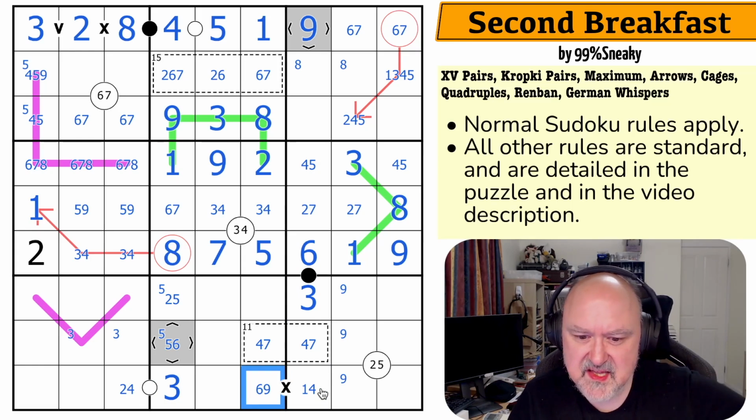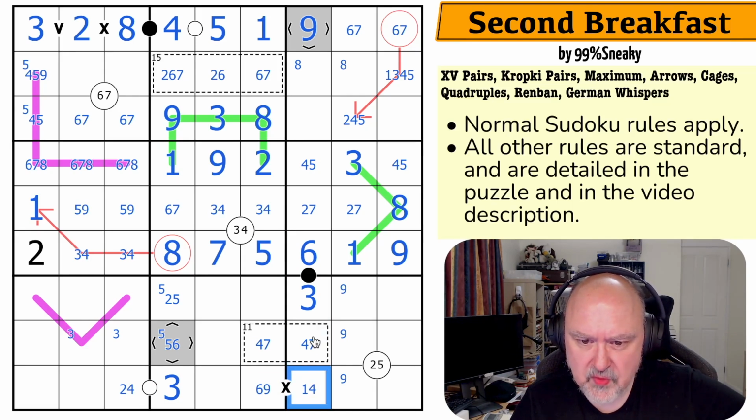Is there a reason that doesn't work? 4, 6 would make 4, 7. So it would be 4, 7, 6, 4. I'm not seeing a problem jumping out at me.